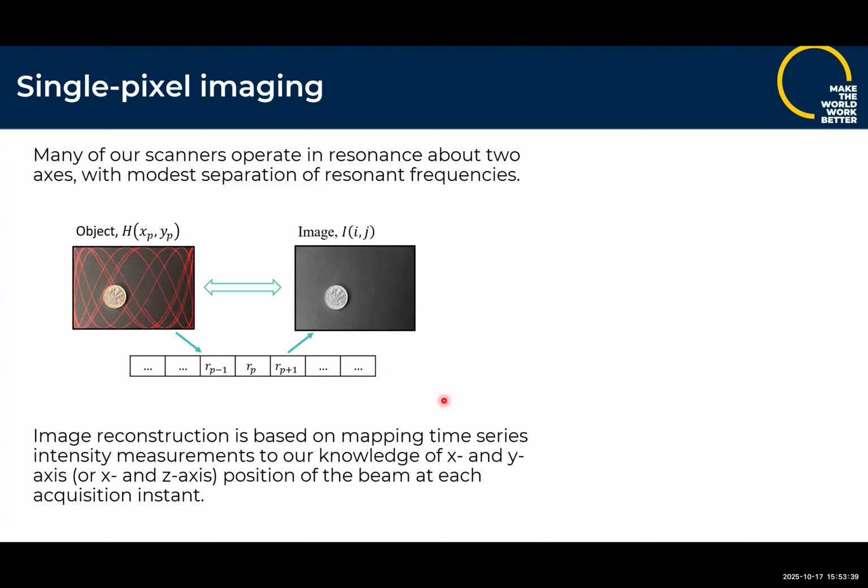And so as this is happening, you're continually getting a series of intensity measurements as a function of time. Then based on your knowledge of where your scanner was pointed at a given point in time, you register that pixel back to the point in the image. It's just single pixel imaging when you are using a single light beam to do the illumination.